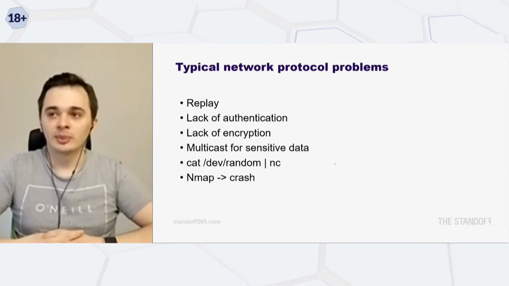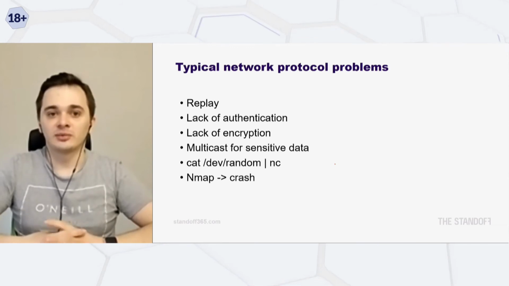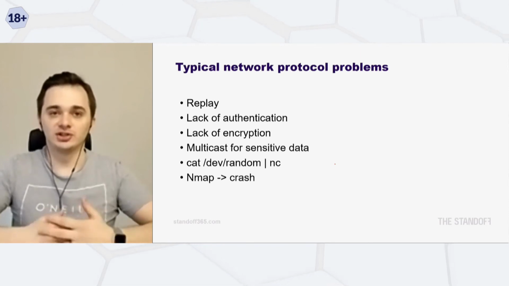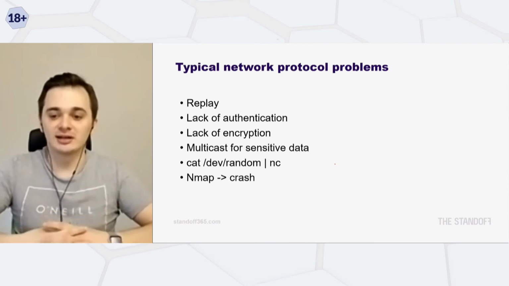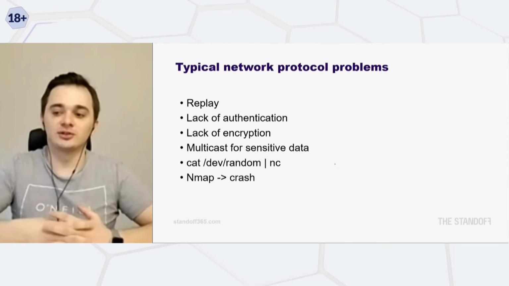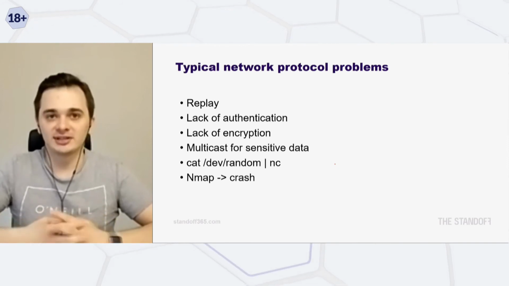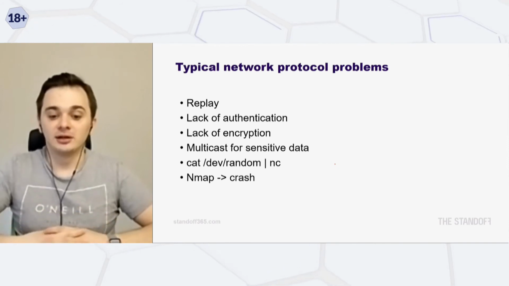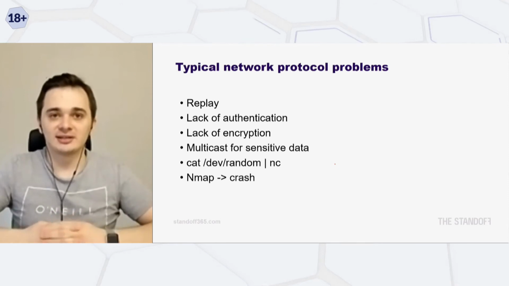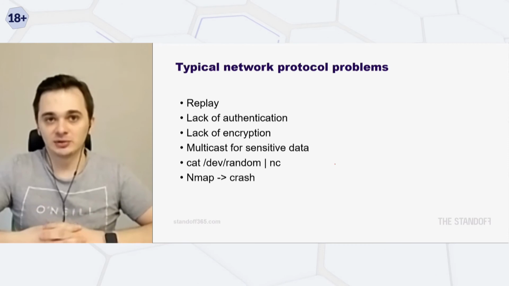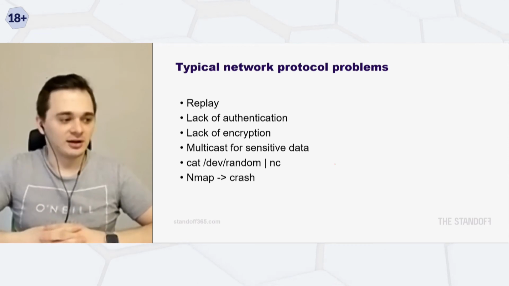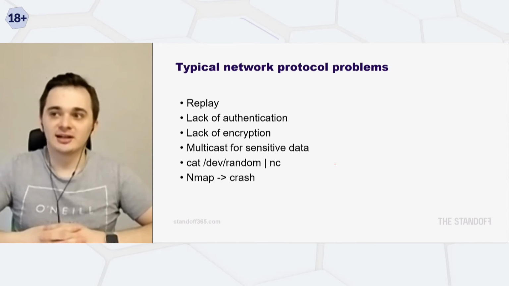And now, let's say a few words about the problems of the industrial protocols and of the industrial equipment. The most trivial of those problems is that many industrial protocols are vulnerable to replay attacks. You can record the network traffic, and you can inject it back into the system and cause the same actions to be repeated. Historically, these are the very first days of the attacks on industrial equipment.